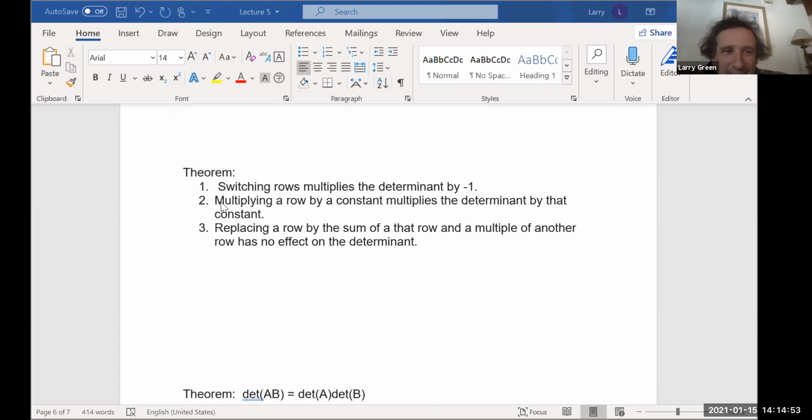It says that if you switch rows, the determinant gets multiplied by -1. And if you multiply a row by a constant, that's going to multiply the determinant by that constant. And if you do a row op 3, if you replace a row by the sum of that row and a multiple of another row, there's no effect on the determinant. You end up with the same number.